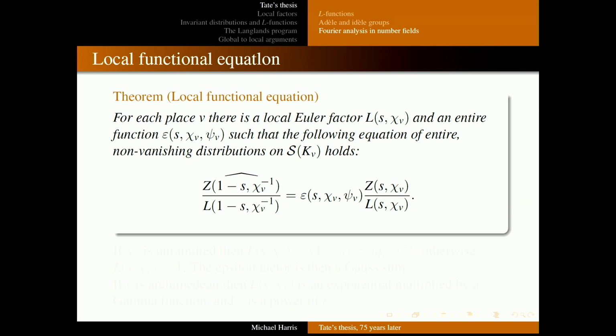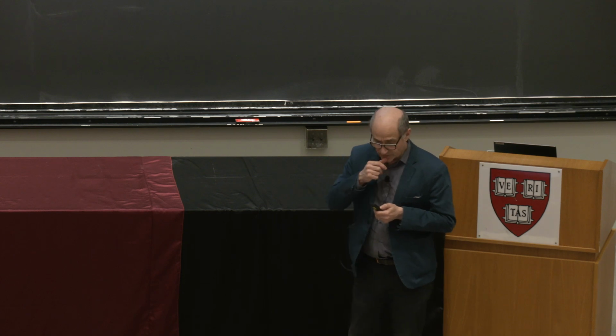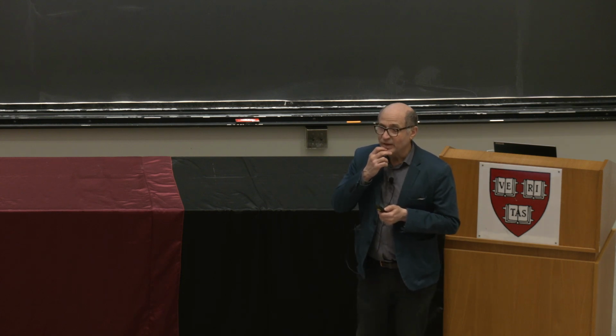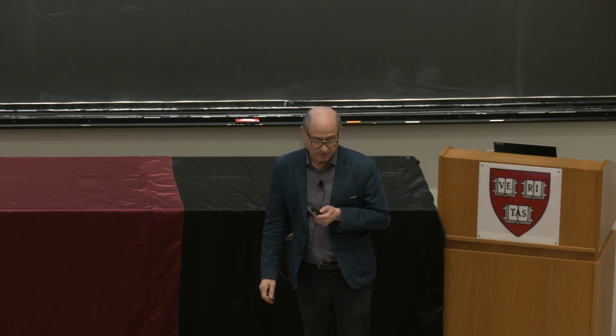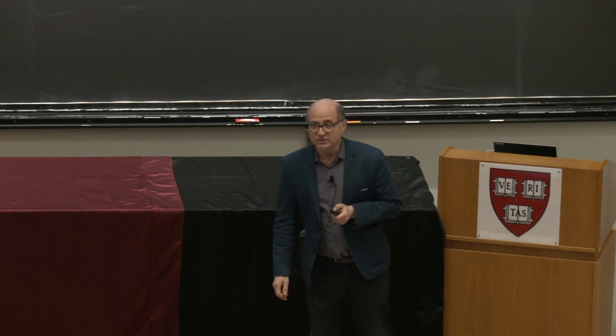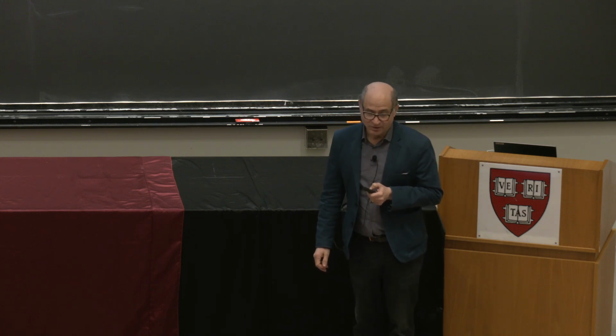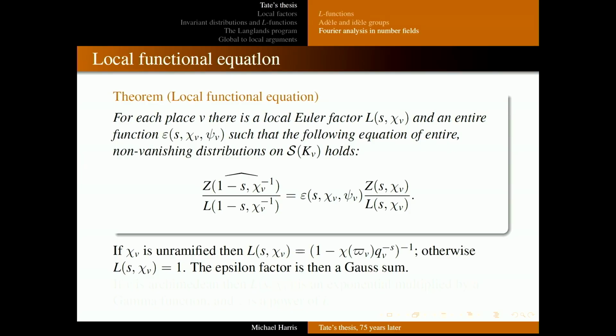And so now this entire non-vanishing function, epsilon, says that the zeta integral can have a pole, but it will only have a pole locally, that is, in the distribution, and you can remove that pole by dividing by this Euler factor. And of course, Tate also calculated the Euler factors, and since he knew the answer, he was glad to see that it came out right.